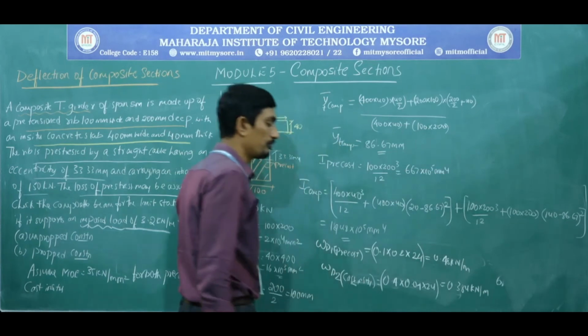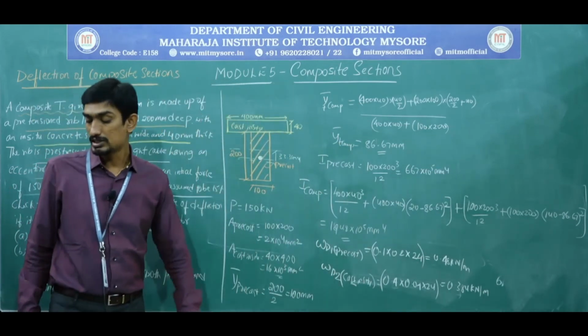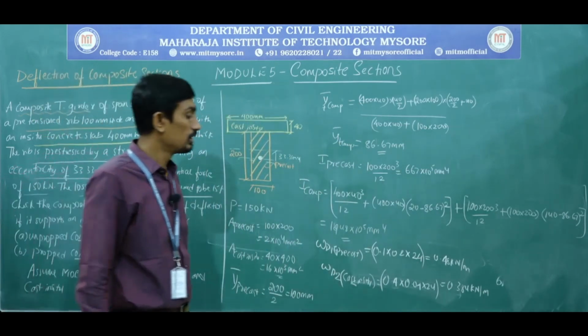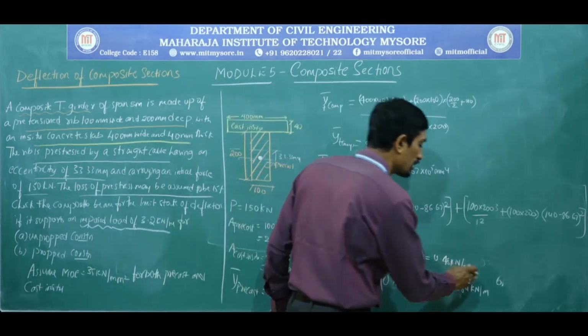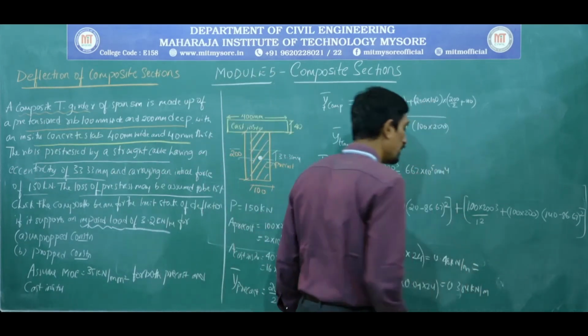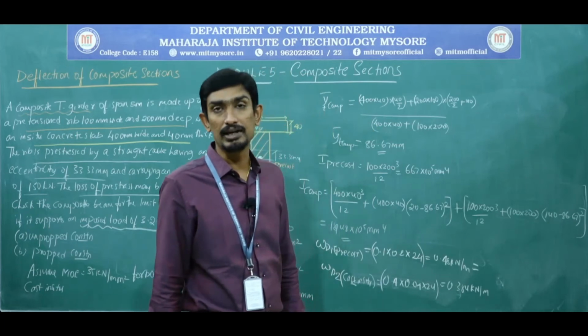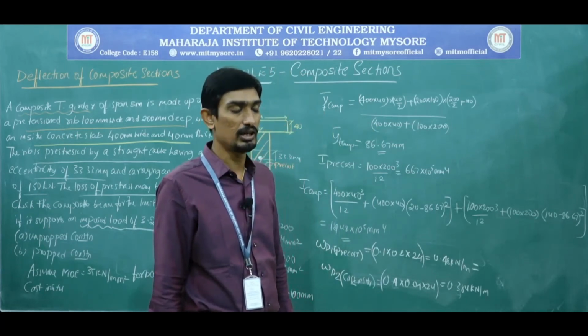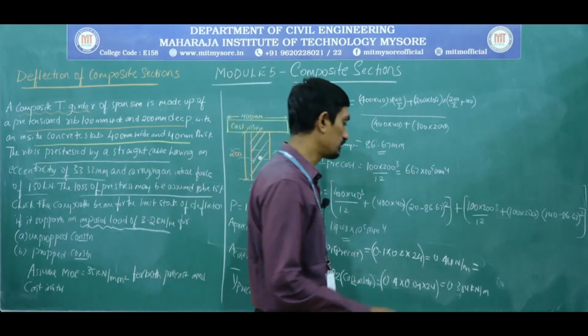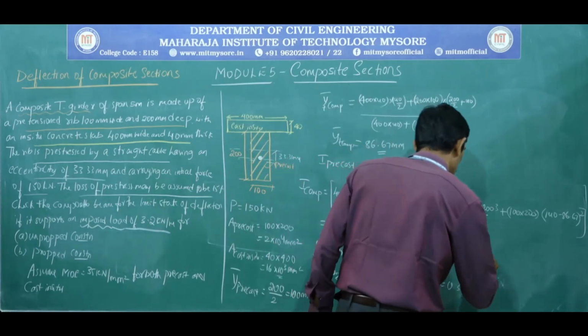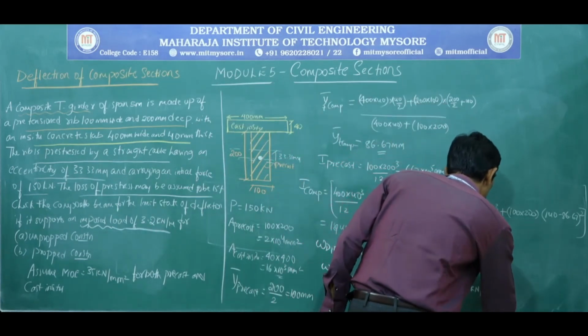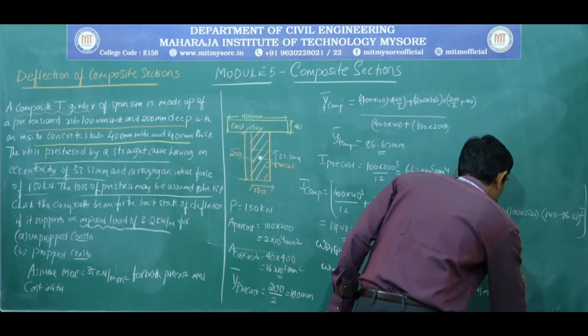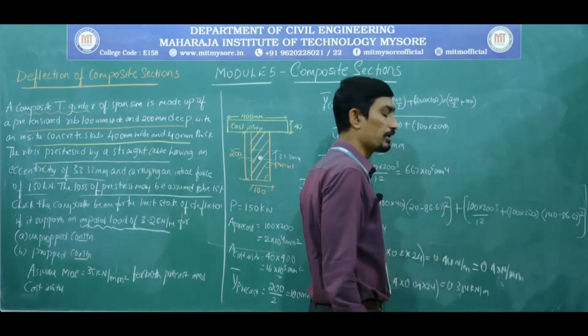So as I told, you need to convert into millimeter because you are going to calculate the deflection in millimeter. Just what we did in module number 2. So hence, I am going to convert this 0.48 into Newton per millimeter.